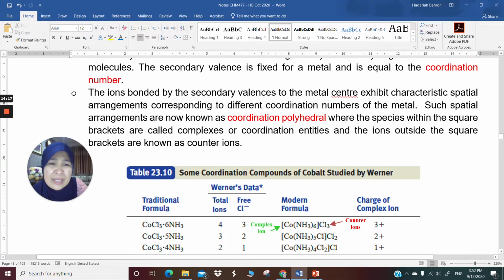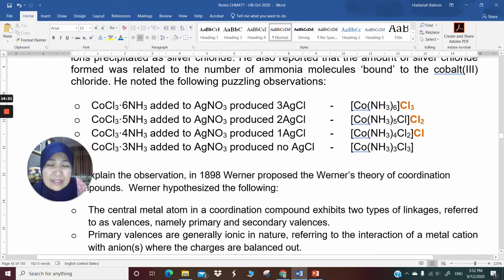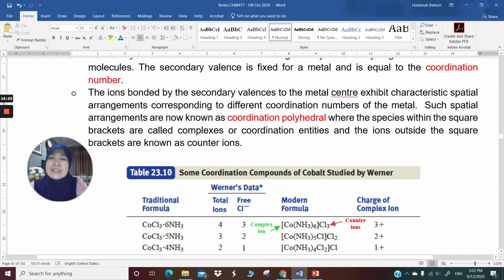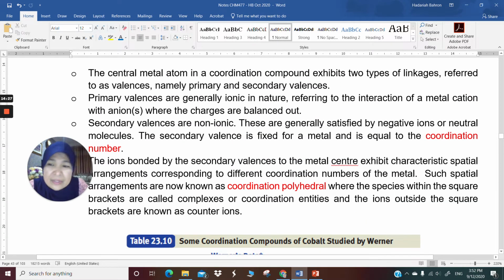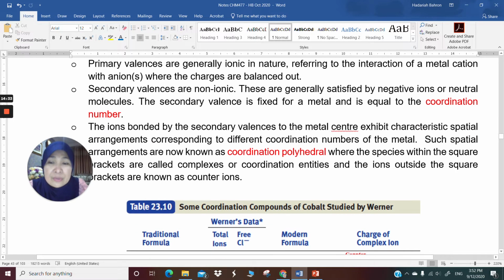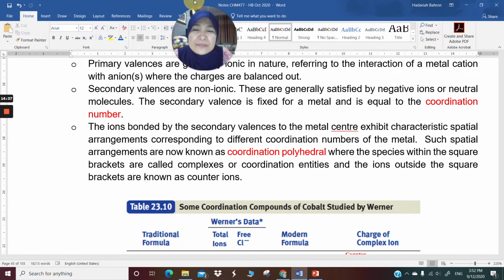That is why you have these observations that he saw. So he used the primary valence, which is the oxidation number, and the secondary valence, which is the coordination number, to explain his observation.